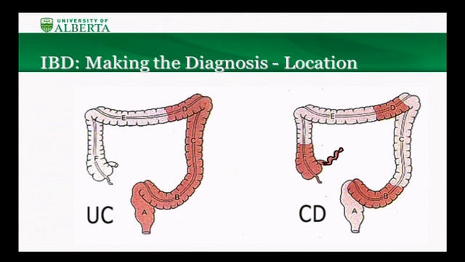Now, Crohn's disease, the diagram on the right, is a little different. It can also involve the large intestine. You see that indicated there by the red areas on the diagram. But you'll also see that it can involve the small intestine, indicated by that red area in the small intestine.